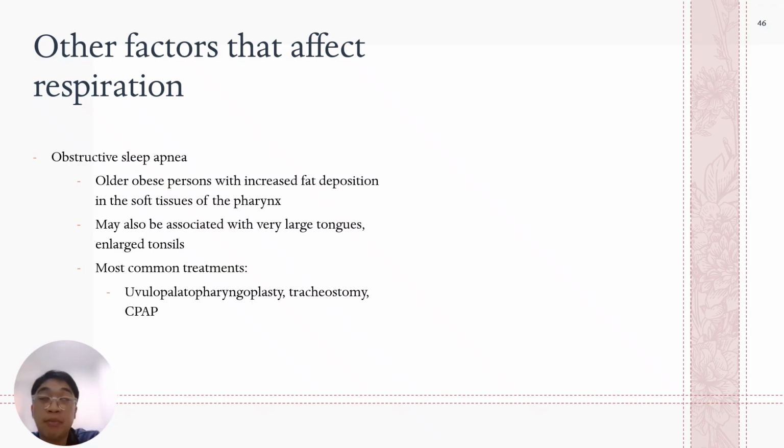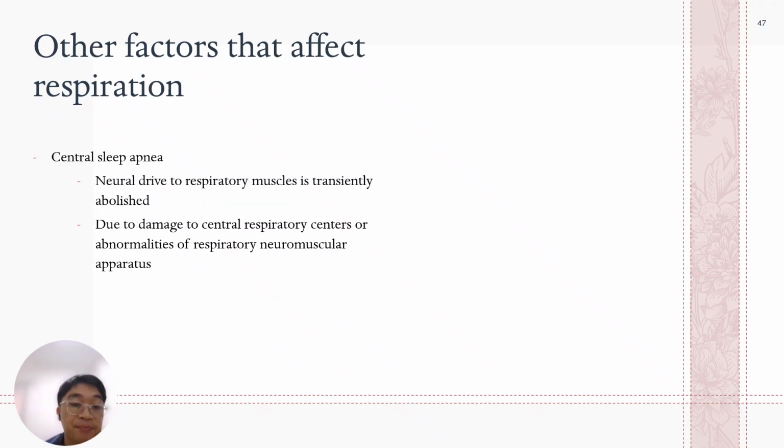But the most significant treatment right now is CPAP, or continuous positive airway pressure. It is a device that you attach when you sleep, and it gives positive air pressure to keep your pharyngeal airway open to facilitate easy movement of air through your lungs. That's what a CPAP is.